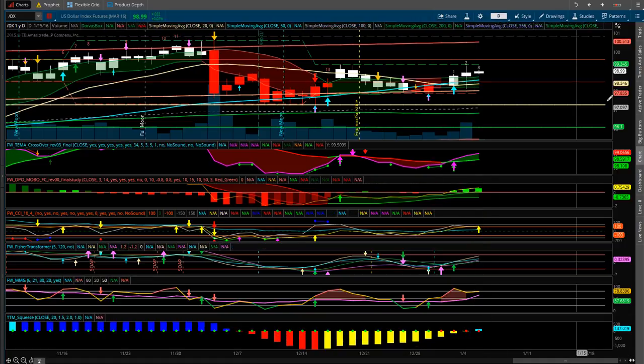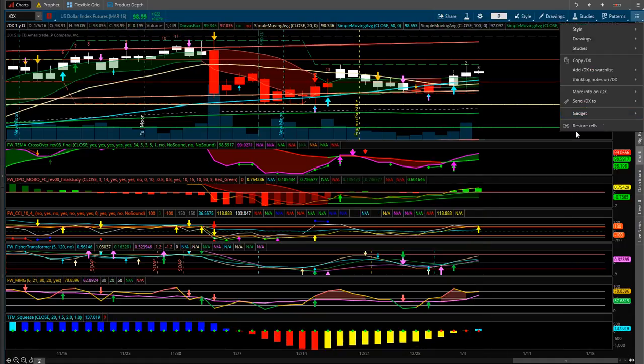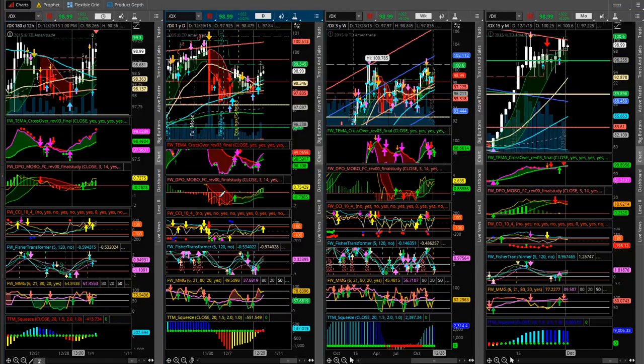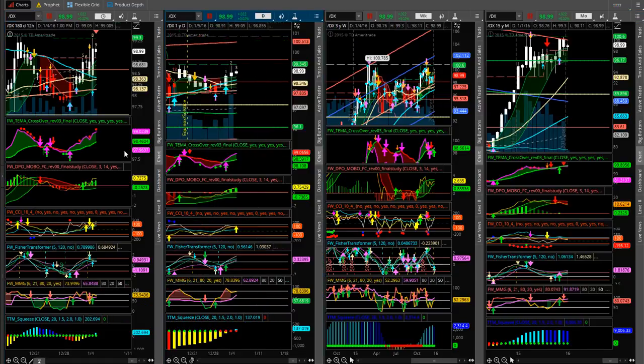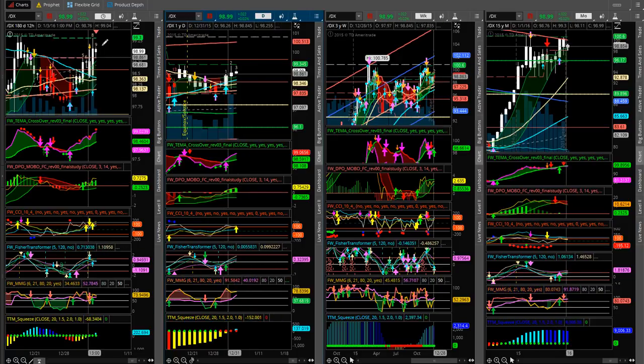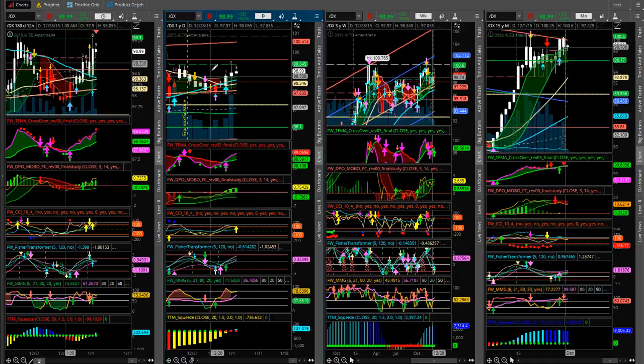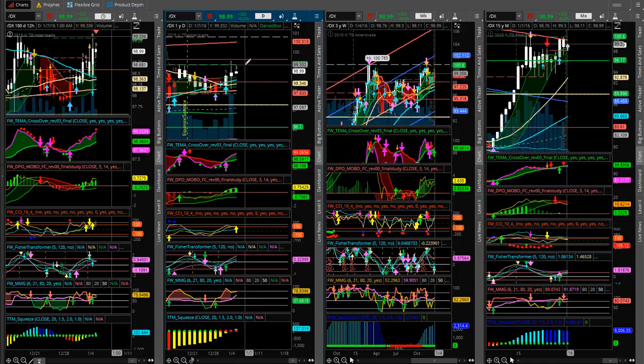All that right there. And then lastly, the 12 hour, which I use for scalping. Same thing. You're above the 20, above the 50, which is that blue line. MMG still strong. Everything is pointing upward. So it's pretty strong. I think that if there's going to be a turn, it's probably going to be somewhere between maybe the next couple of days.